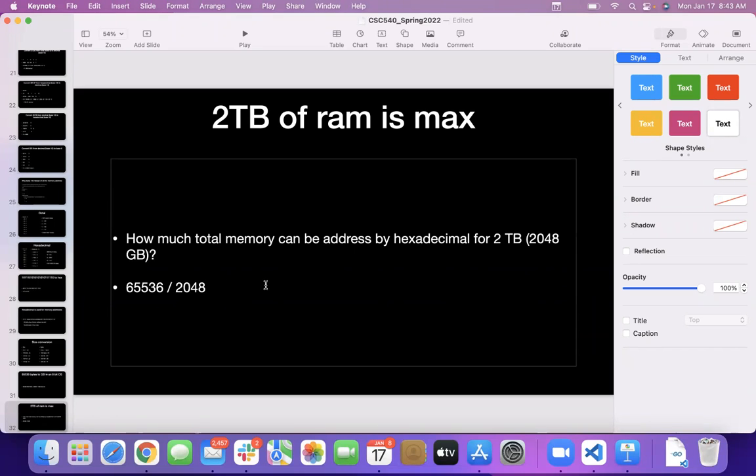A lot of operating systems today are 64-bit operating systems, so you might have 8 hextets that represent the memory address. A single hexadecimal value allows us to do 2 to the 16th power, but we can bunch those together to represent larger amounts of data.